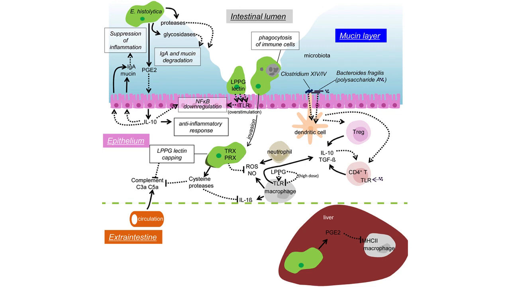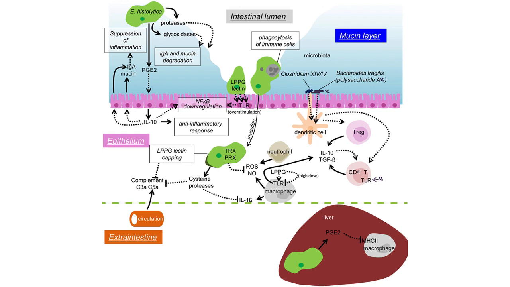And Entamoeba histolytica is a protozoan that is usually transmitted via the fecal-oral route, which means an infected patient poops, and the poop contaminates drinking water or the food that is handled.